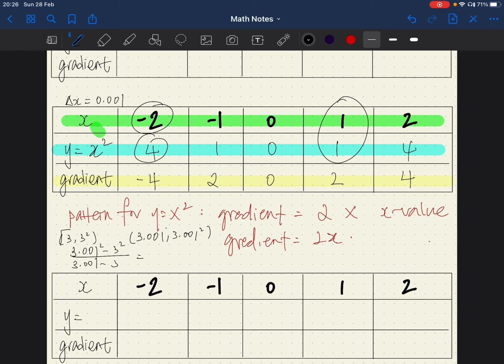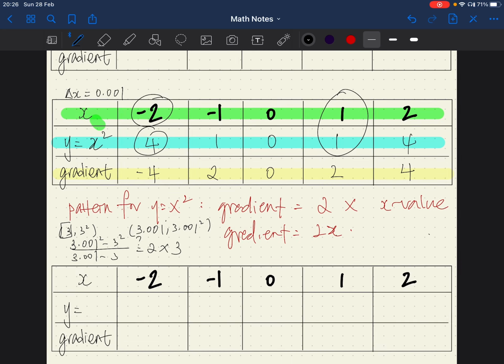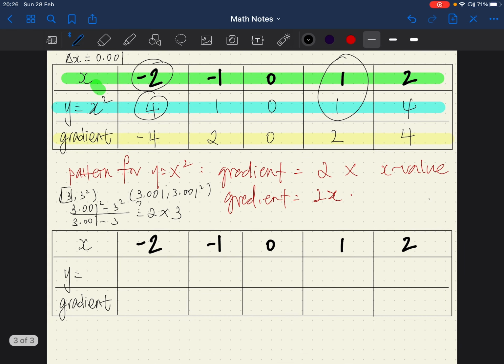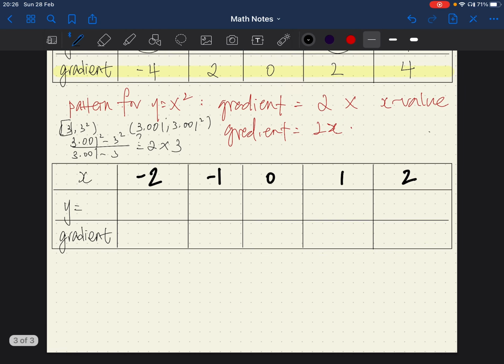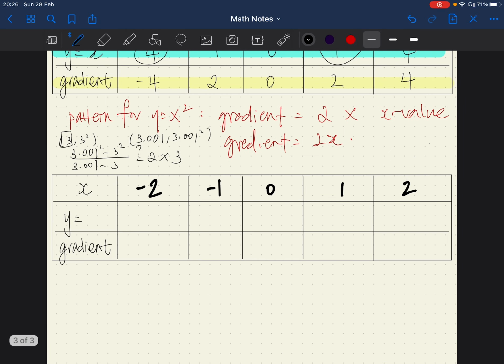My chosen x value is 3, so is it equals to 2 times 3? Okay, you should get a number similar to it. Okay, so this method will allow you to find and establish the pattern of the gradients in terms of x and y.